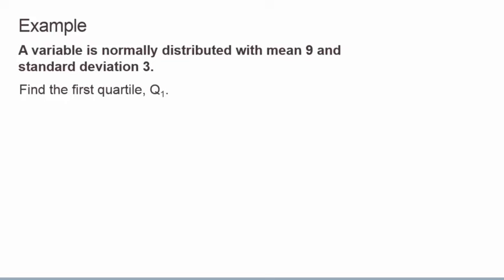Example: a variable is normally distributed with mean 9 and standard deviation 3. Find the first quartile Q1. First thing I want to do is draw my standard normal curve. I've marked my mean, 9, and we want to find the first quartile.